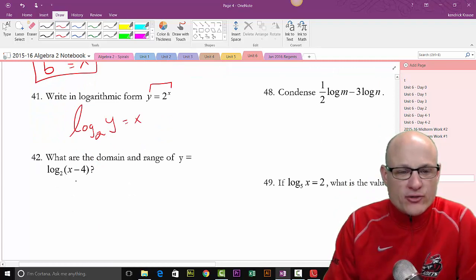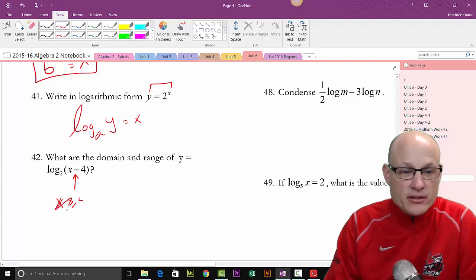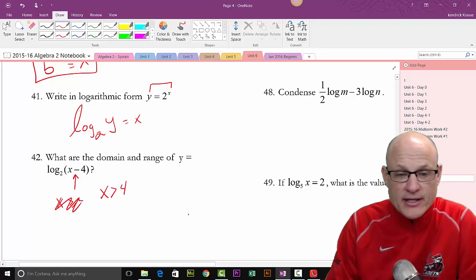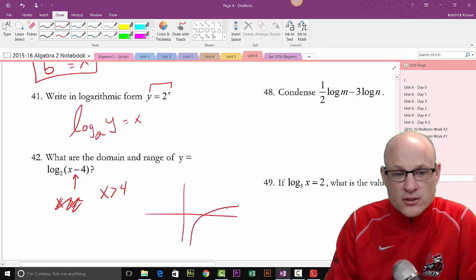What are the domain and range? So in this case, the domain for this one is x has to be greater than or equal to 4. Excuse me, x has to be greater than 4. It can't be equal to 4 because then it would equal 0, and that would be undefined. And then if you remember, all log functions just go like this.